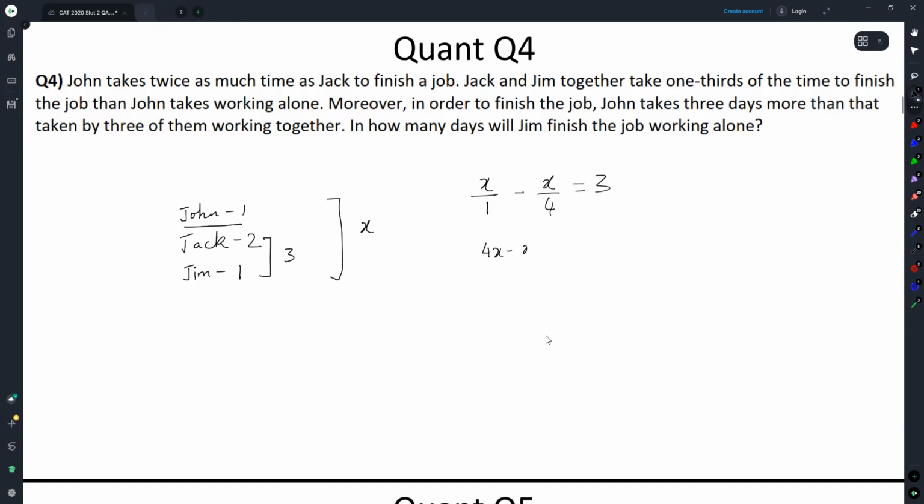So 4x minus x is equal to 12, or x is equal to 4. So total work is 4. John will take 4 days. Jack will take 2 days. Jim will take 4 days. In how many days will Jim finish the job working alone? Answer will be 4 days.